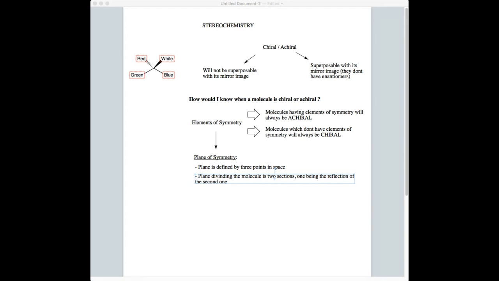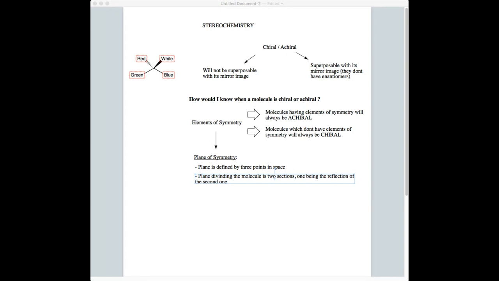The green is on the back, white is coming toward you, and we have the two red. If we define a plane as green, carbon, and white, these 3 points define a plane which is going to be this.